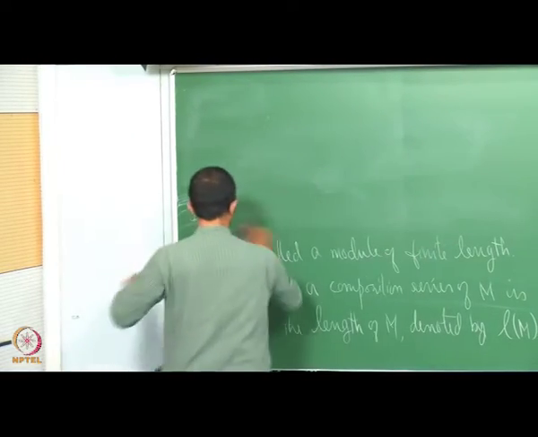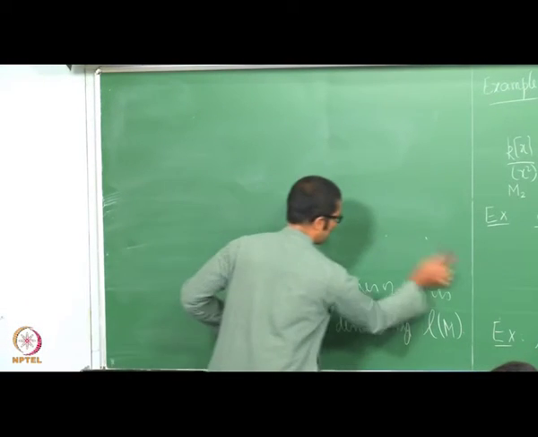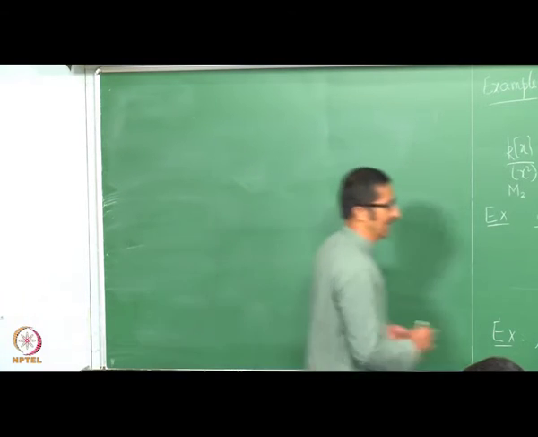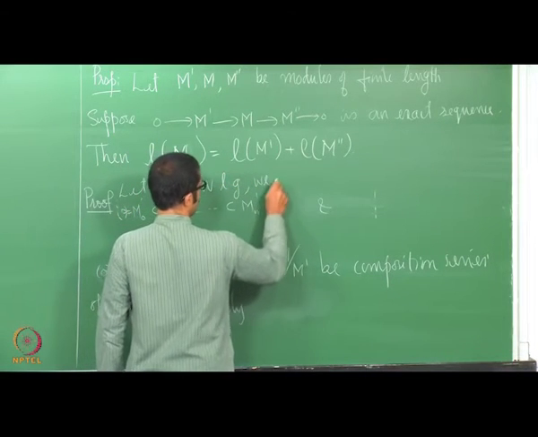Without loss of generality we may assume that M prime is a submodule of M and M double prime is M mod M prime.